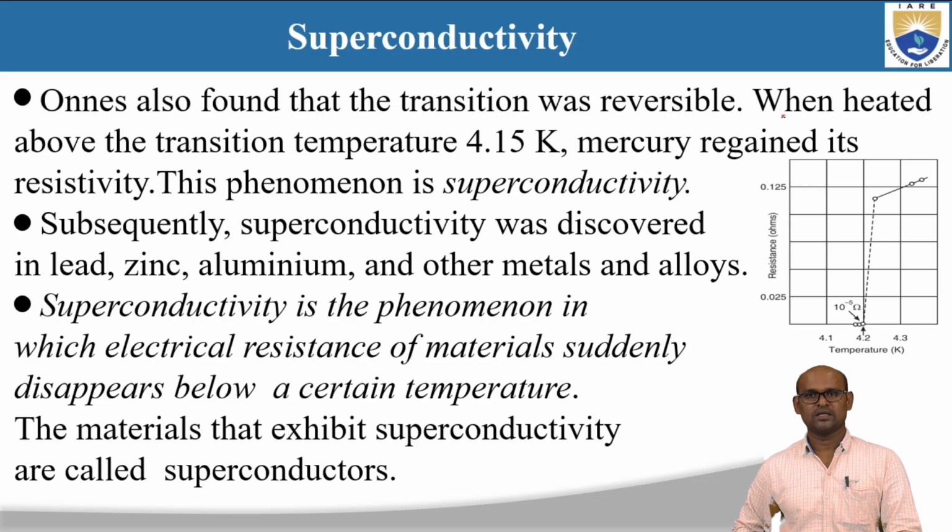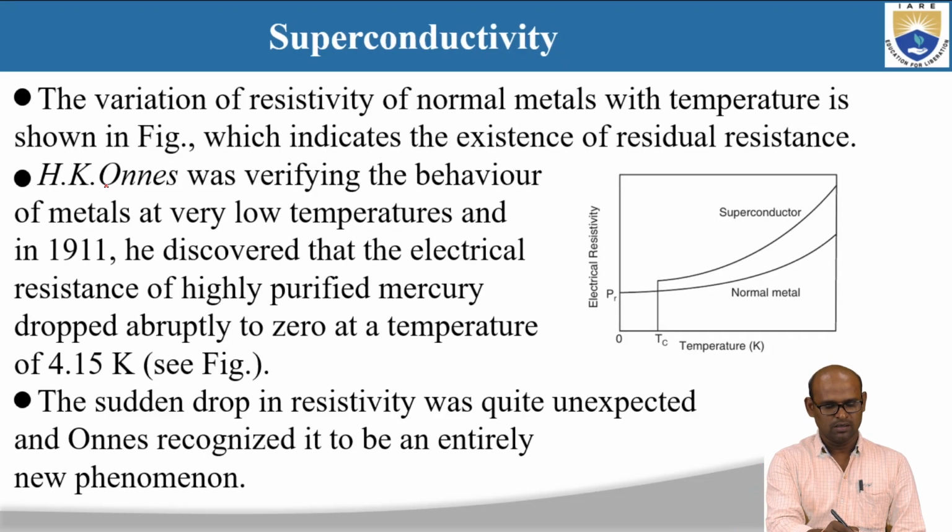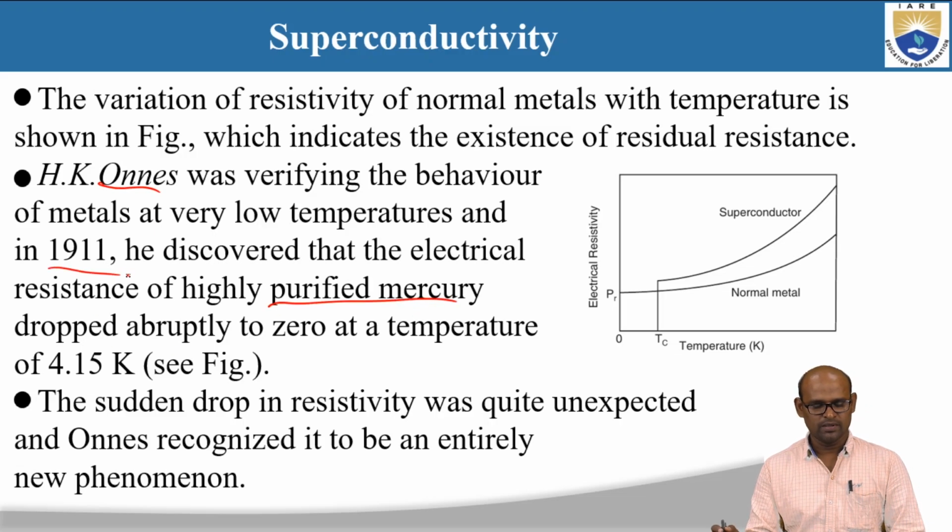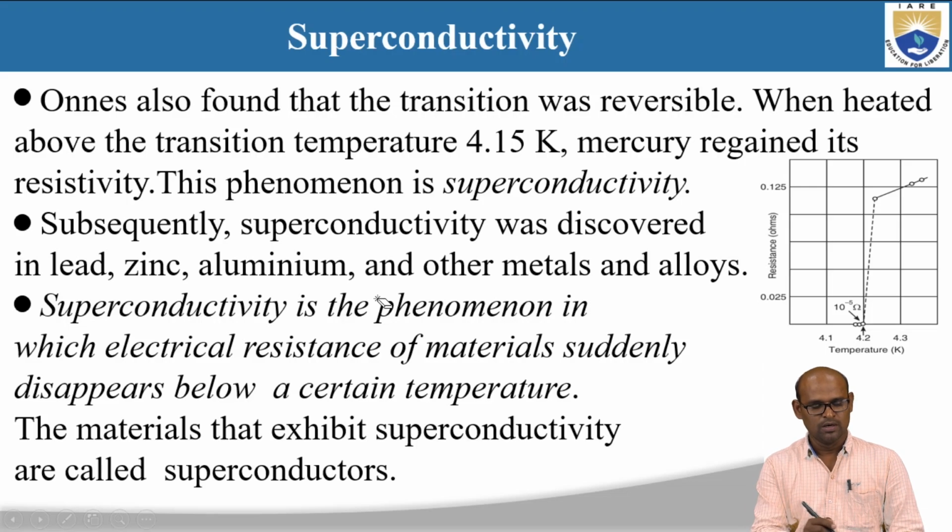Superconductivity was initially discovered by Kamerlingh-Onnes in highly purified mercury in 1911, and the critical temperature was around 4.15 Kelvin. But later on, superconductivity was also observed in different materials, for example lead, zinc, aluminum, and other metals and alloys.